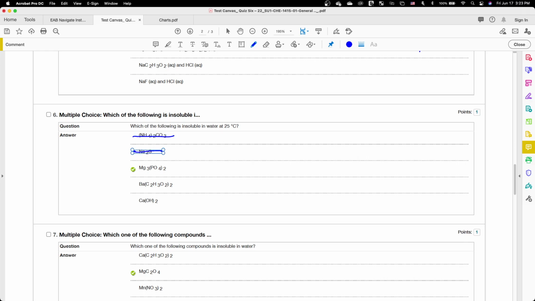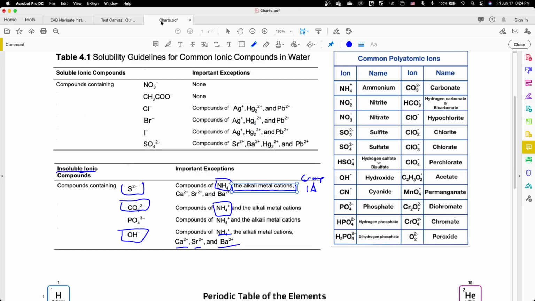And then we have magnesium phosphate, which is checked as the answer here, but let's just make sure it's right. Okay, magnesium phosphate: notice right here, phosphate is in the insoluble group. That's good so far. But it doesn't say that the alkaline earth metals make phosphate soluble. It's just the alkali metals.